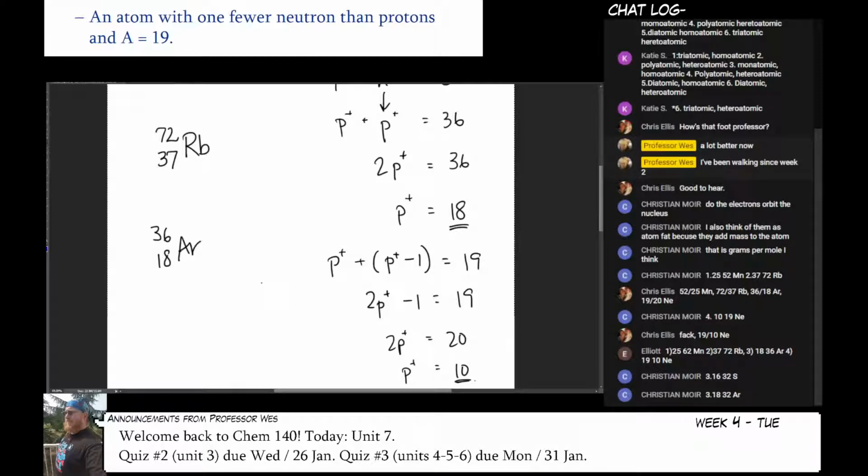So if you didn't want to sit there guessing and testing things, there's the algebraic way to do it. So I would say, okay, 10 protons. There's one fewer neutron than protons, so that would be 9, and A is 19. And what element is this? Well, it's neon. So there you go. That's how you're supposed to do those.